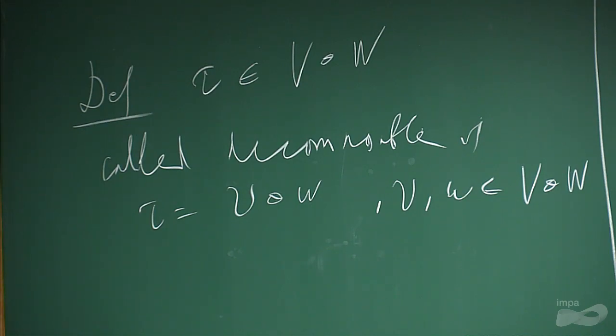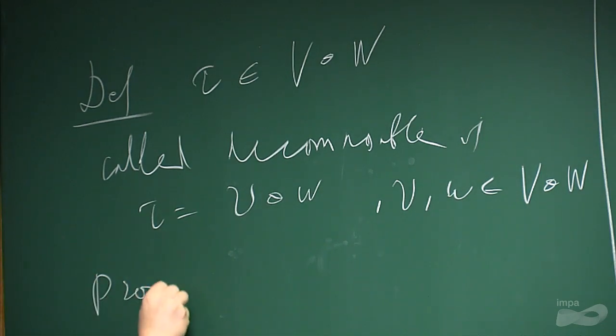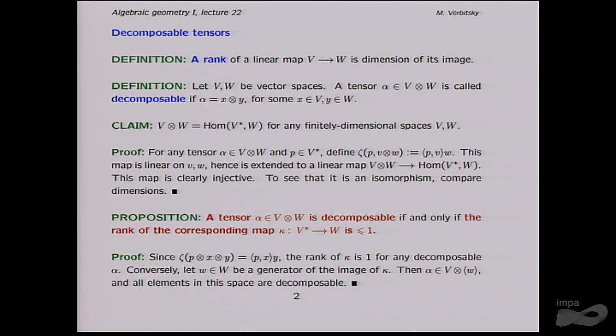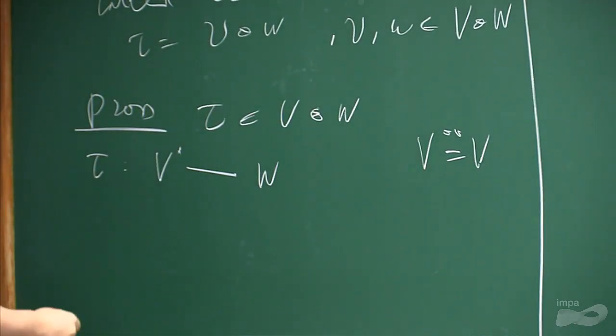Okay, so I have this proposition. I have a tensor tau inside V times W, and I interpret tau as a map from V star to W using this isomorphism. V double star is V. Everything is finite dimensional, so this should be understood.